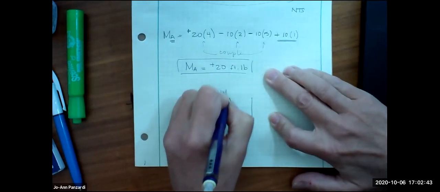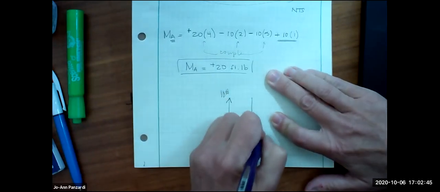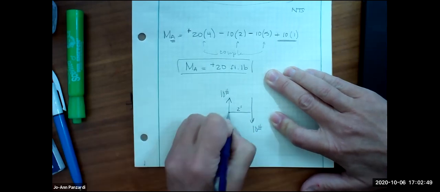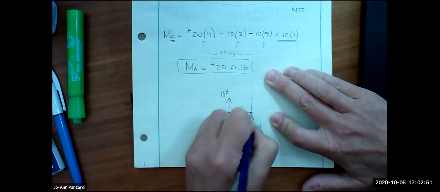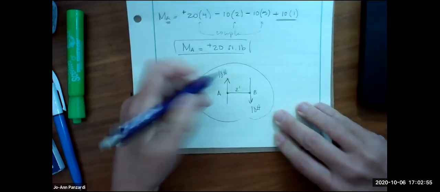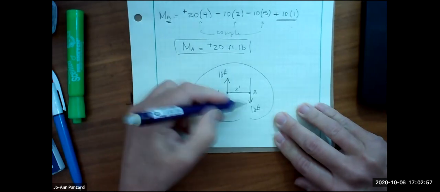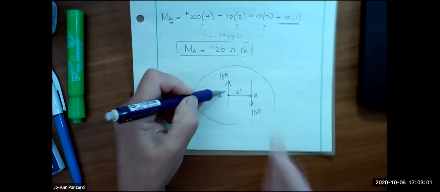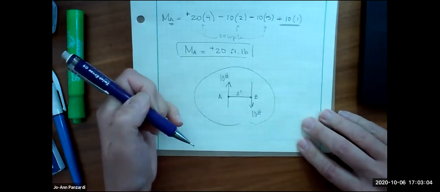So here, this is where I was going with this. Here we have another example. Here's a 10-pound force. The distance is 2 feet. Here's point A. Here's point B. At point A, the moment is 10 times 2, negative. At point B, it's 10 times 2, negative. Right?